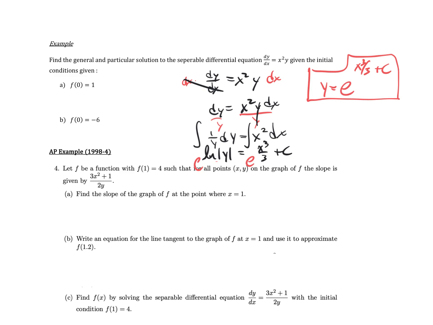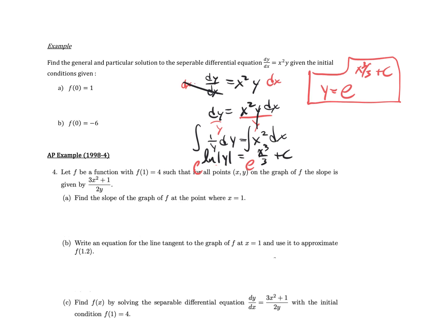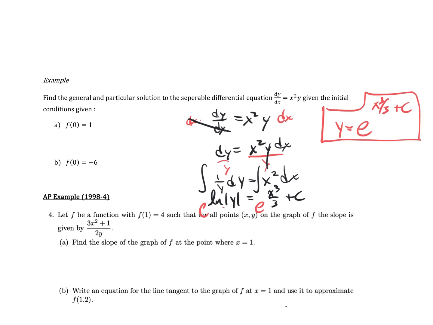So let's find a particular solution here. When x is 0, y is 1, so y is 1, and that equals e to the 0 over 3 plus c.